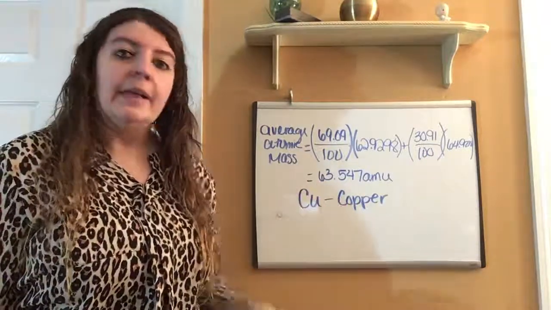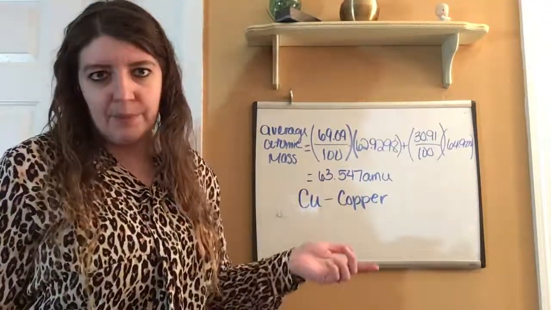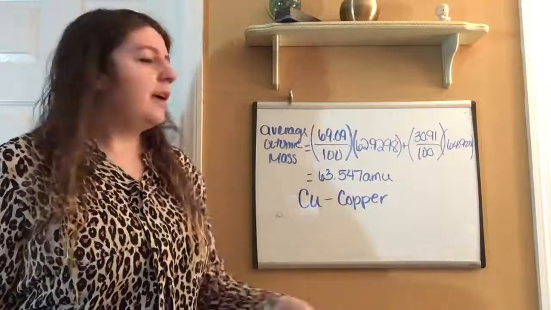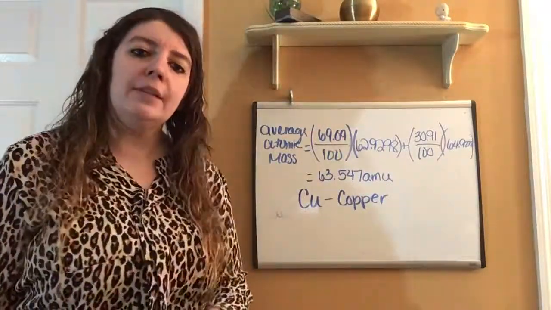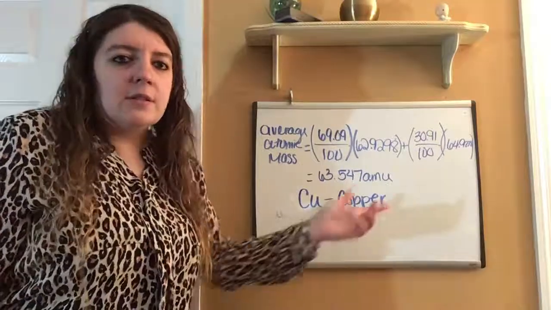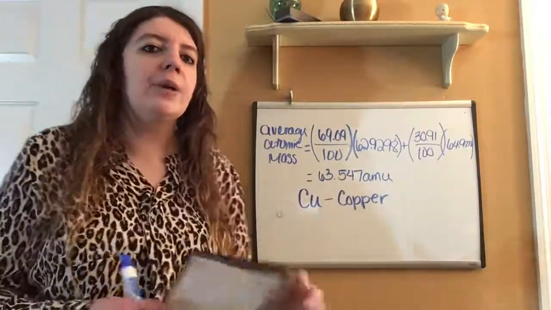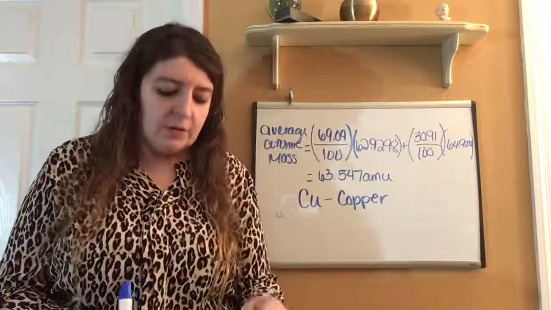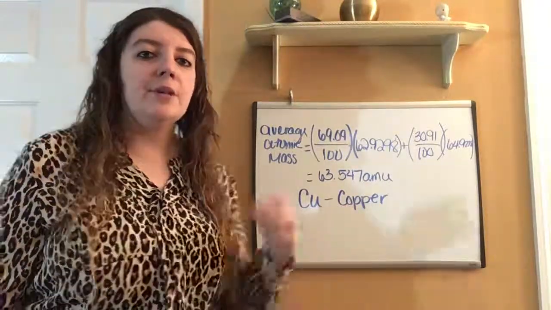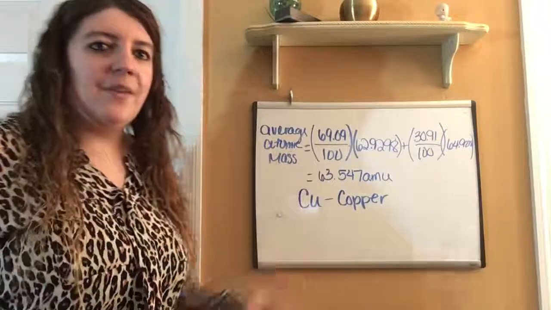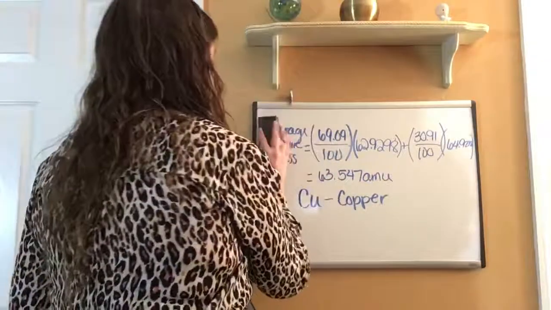So I go back and I check to make sure that all my percentages match up correctly, that my numbers are all correct, and that I entered everything correctly into my calculator. And then maybe I get a different answer, it matches up correctly, and I find copper again. Okay? So that's the whole point of that, is to make sure that we're using our periodic table as our check. And then we can find out what the element is.